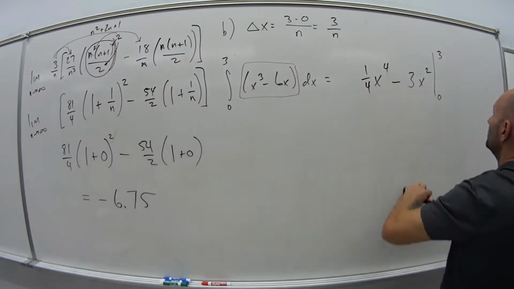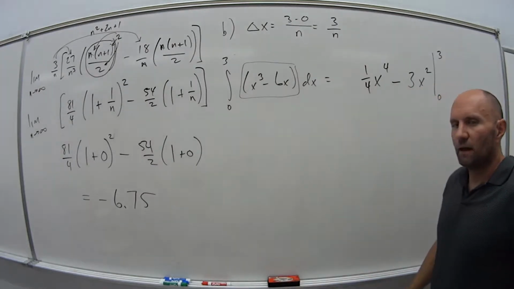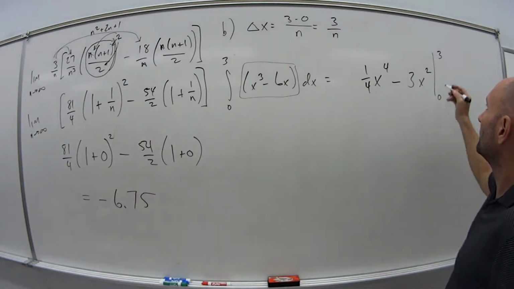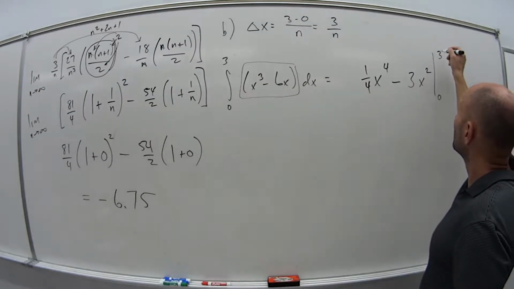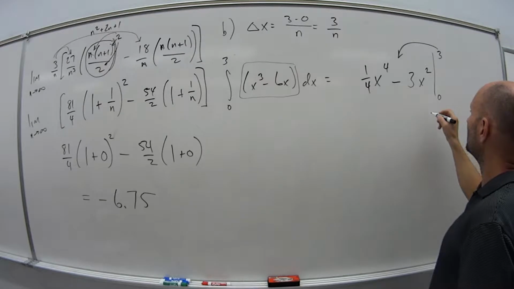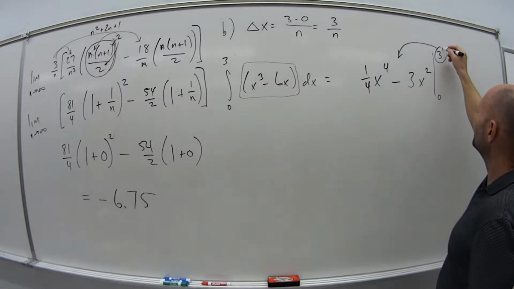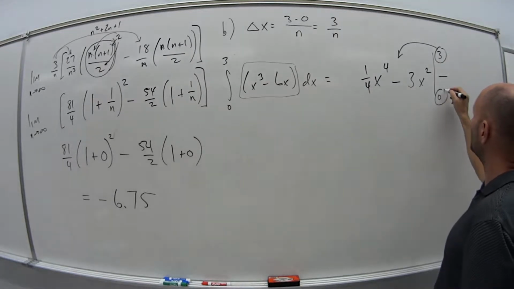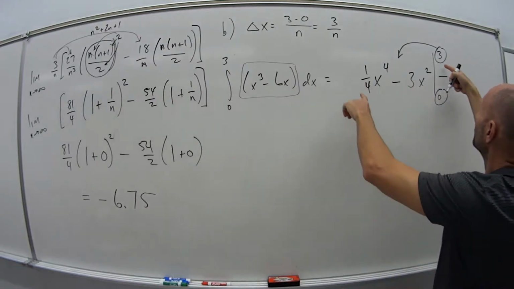Line, 3 to 0. And what we're going to do is plug 3 into this function minus, so it's this value minus this value plugged in. So let's do that.